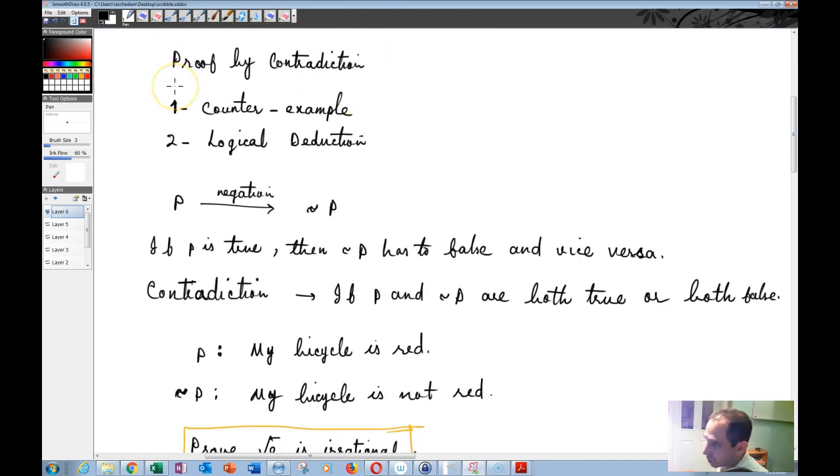You create that contradiction in the beginning as an assumption, and then in the end you will see some sort of contradiction coming in, and then you can see that the contradiction has arisen because of your false assumption. So then you can conclude that your assumption was false. That means that the negation of that assumption is true, and the negation of that assumption is what you wanted to prove, and that's how you prove by contradiction.